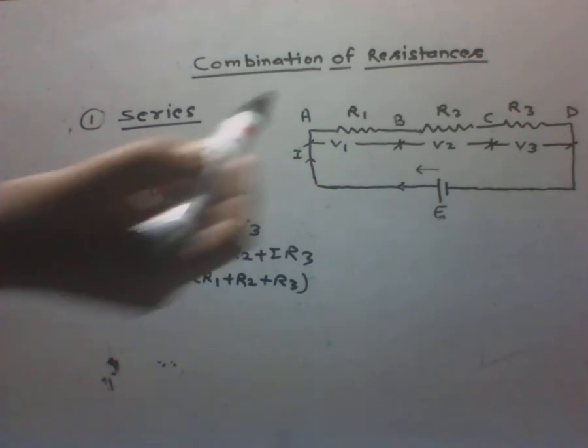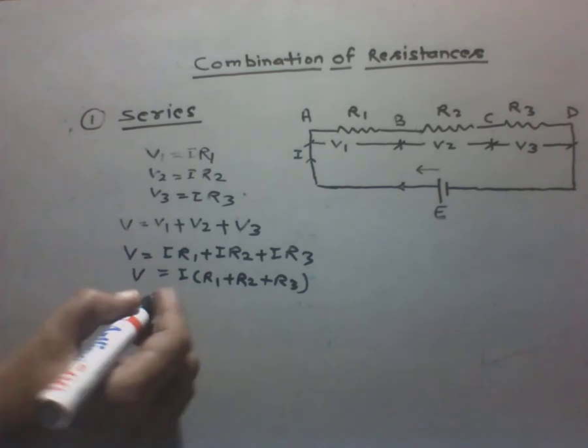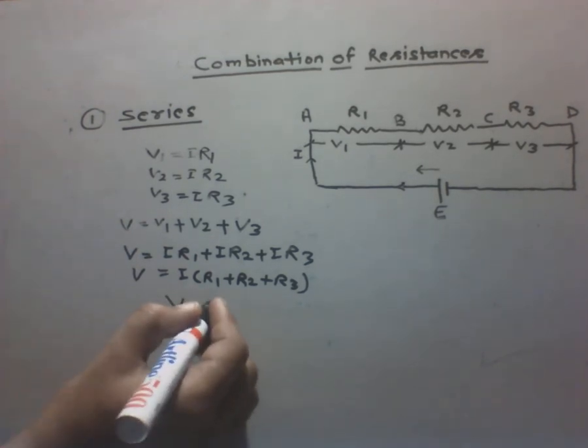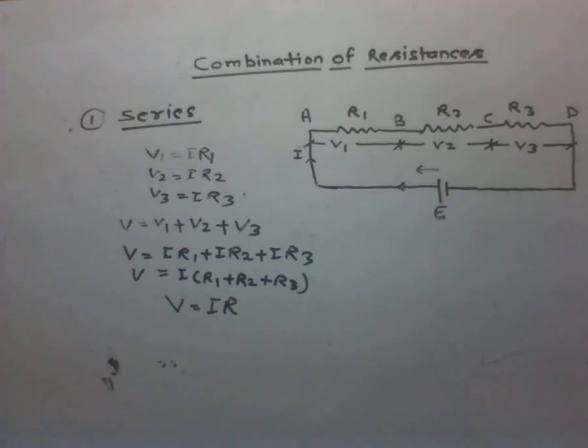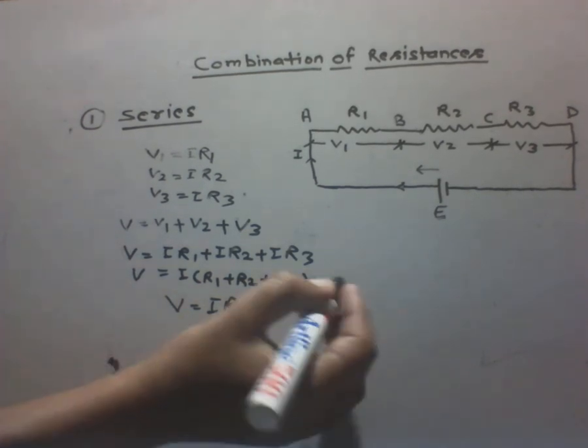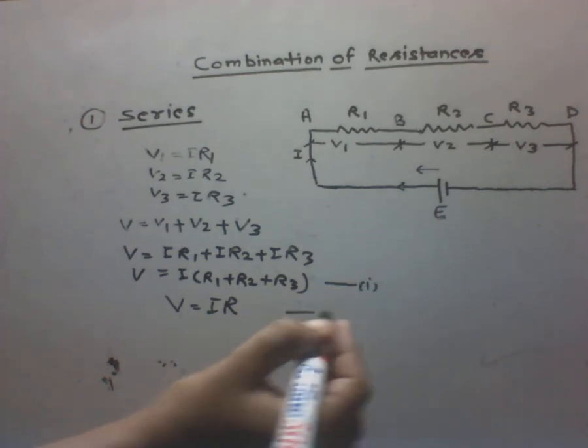If we suppose that the equivalent resistance between A and D is capital R, then V is equal to IR. Let this be equation number 1 and this one equation number 2.